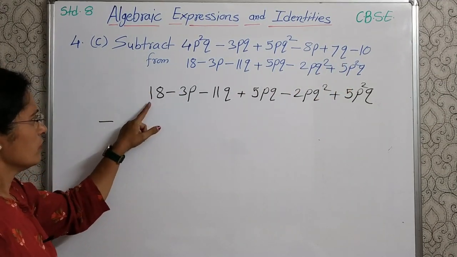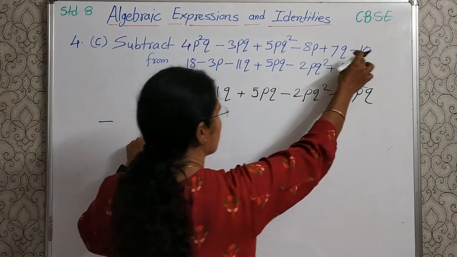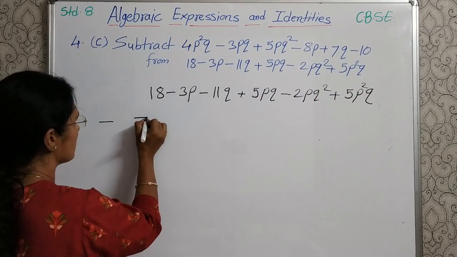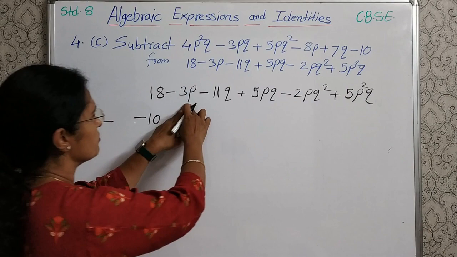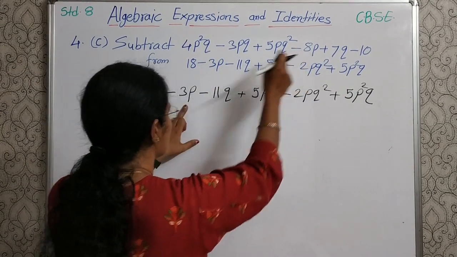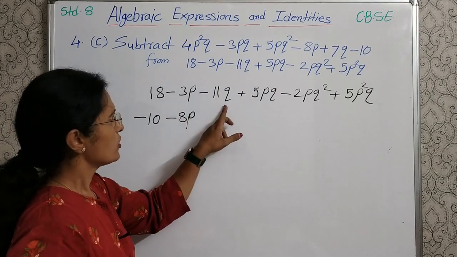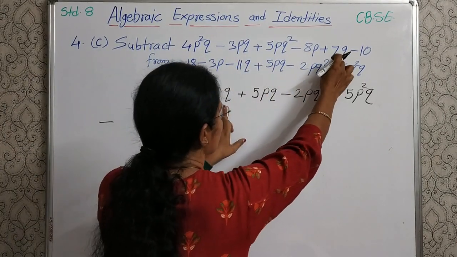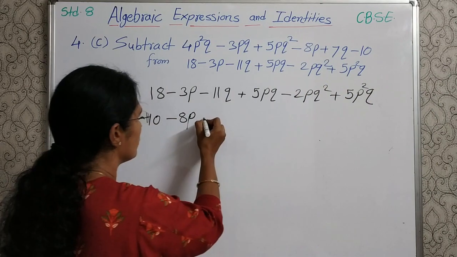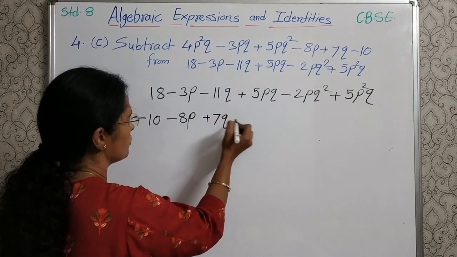So first below this 18 we'll write minus 10. Then the p term, and here the p term is minus 8p, so we'll write below this minus 8p. Next the q term, and here the q term is plus 7q.